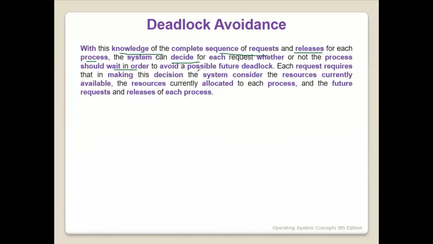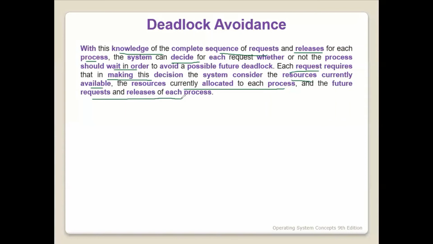The operating system can decide whether the process is going to wait or is going to end up in a deadlock situation. In making this decision, the system considers the resources currently available, the resources currently allocated to each process, and the future requests and future releases of each process.